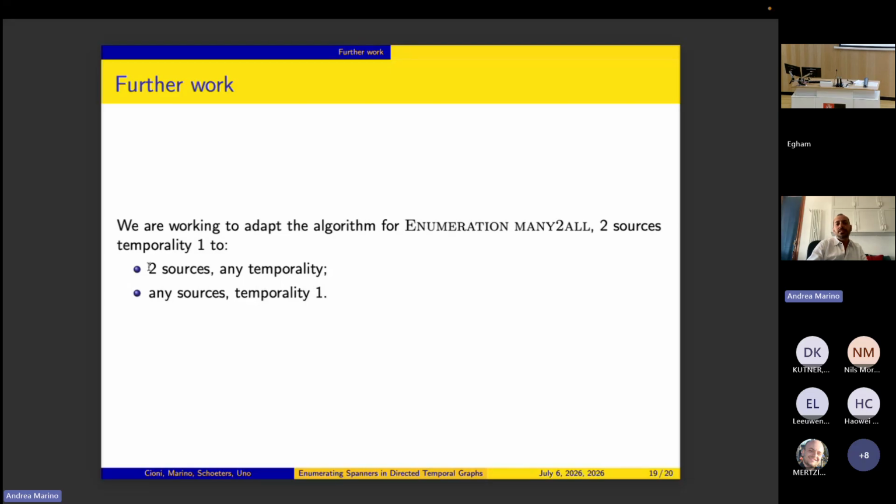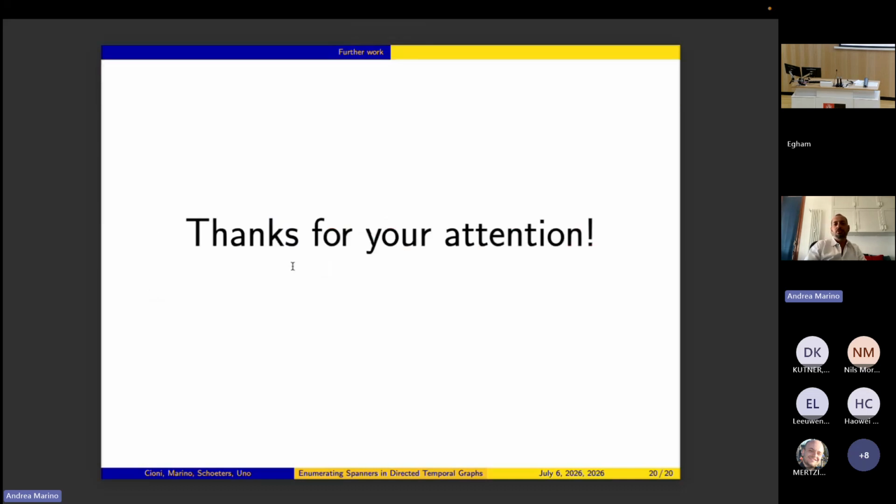But this one is tricky because you can still define a total order of the edges, but now the edges can have many labels, so this total order is more tricky to define. So that's it. Thank you very much for the attention.